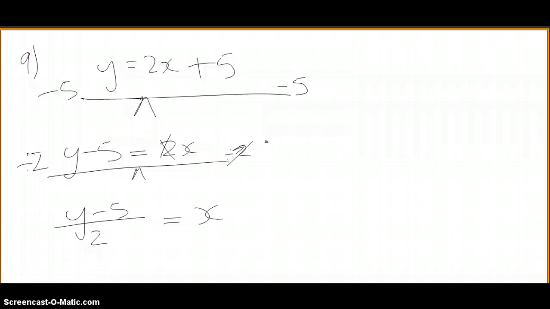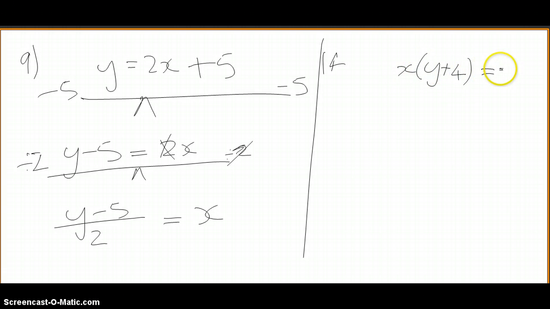Look at question 14. It reads x bracket y plus 4 equals p. I want x by itself.